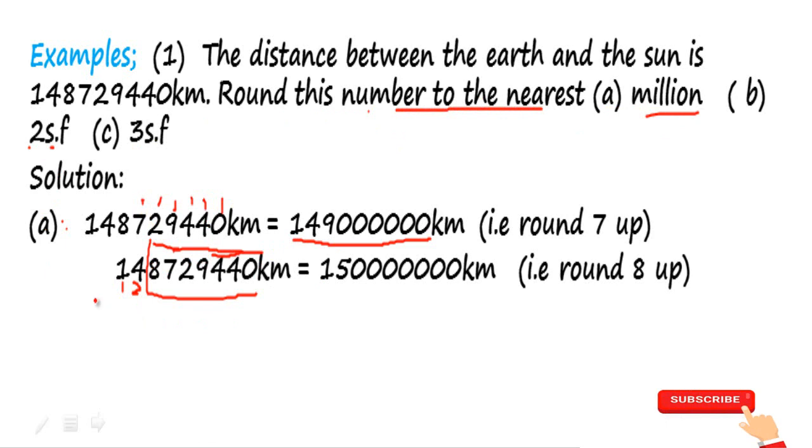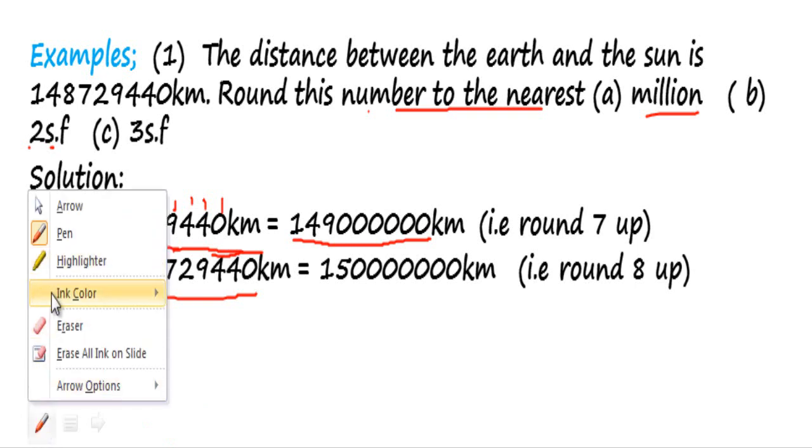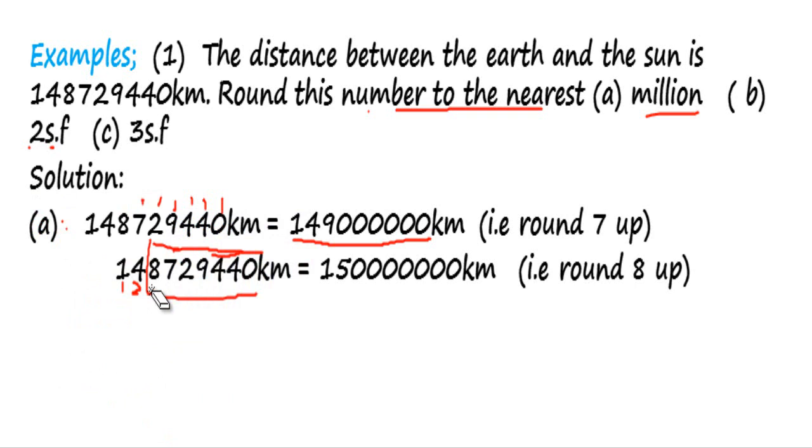When you are doing significant figures, you are starting from the left. I want to trace out your confusion. So please take note of what I'm telling you. You round 8 up, and add 1 to 4. That is why we get 1500.